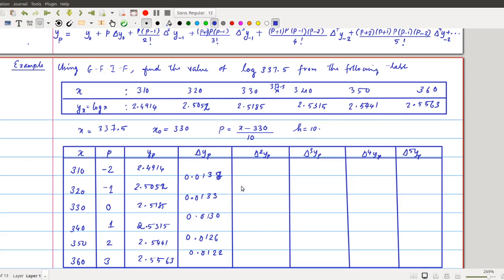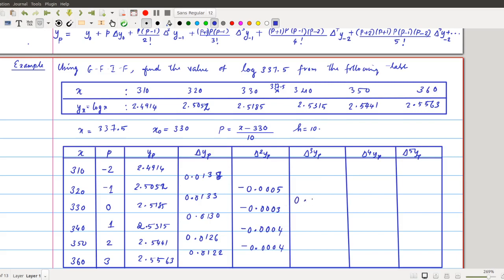So we have negative 0.0005, and the difference between these is negative 0.0003, and between these two negative 0.0004. This is again negative 0.0004. So these are the second order differences.